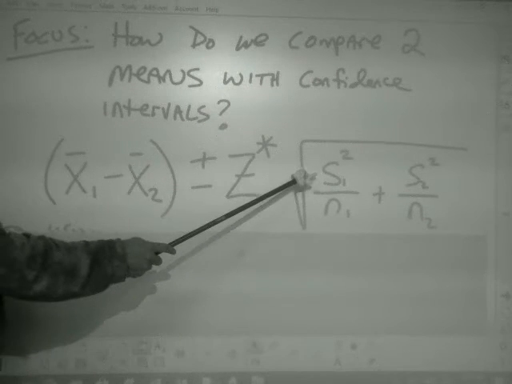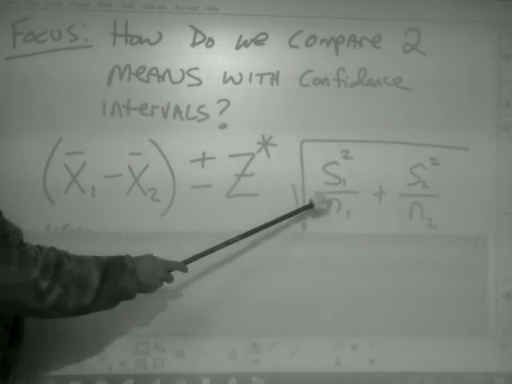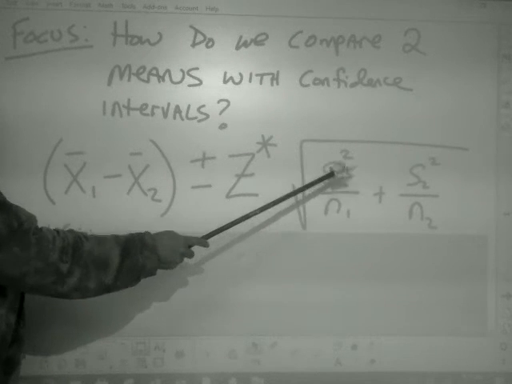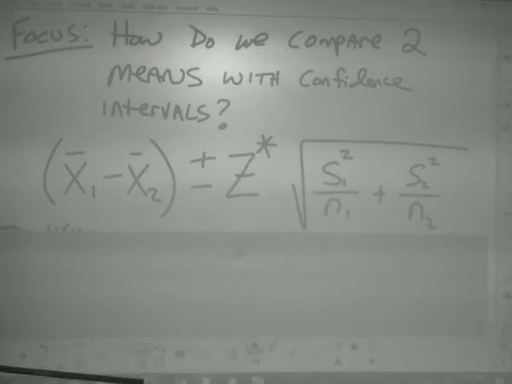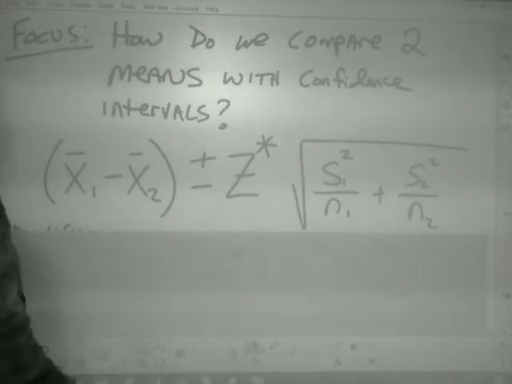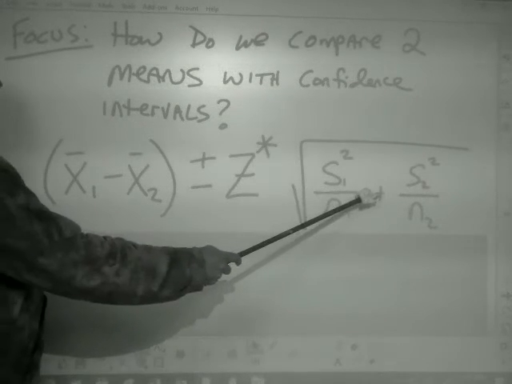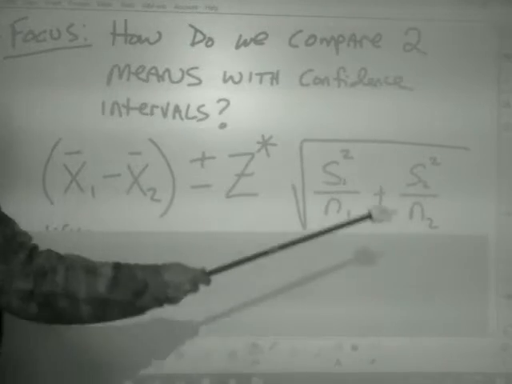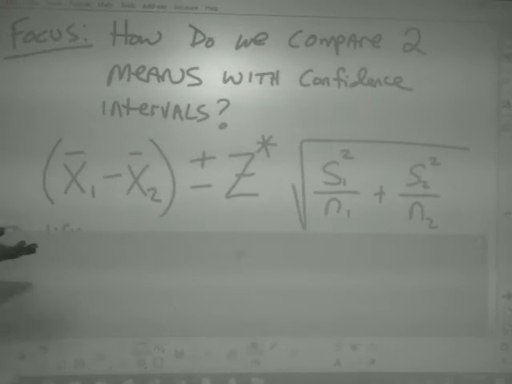And now the standard error formula is the standard deviation of the first group squared over the sample size of the first group. The standard deviation of the second group squared over the sample size of the second group. Add them together. Big square root over everything. And that's our formula. We still have to fill in the formula.